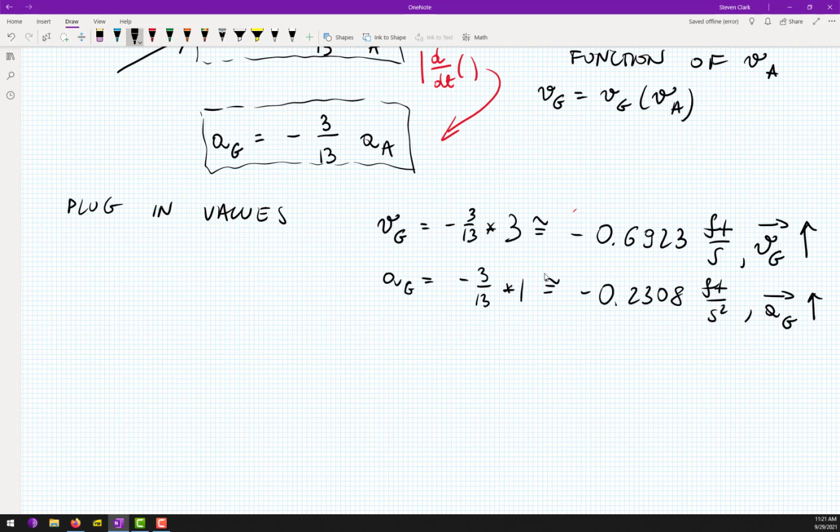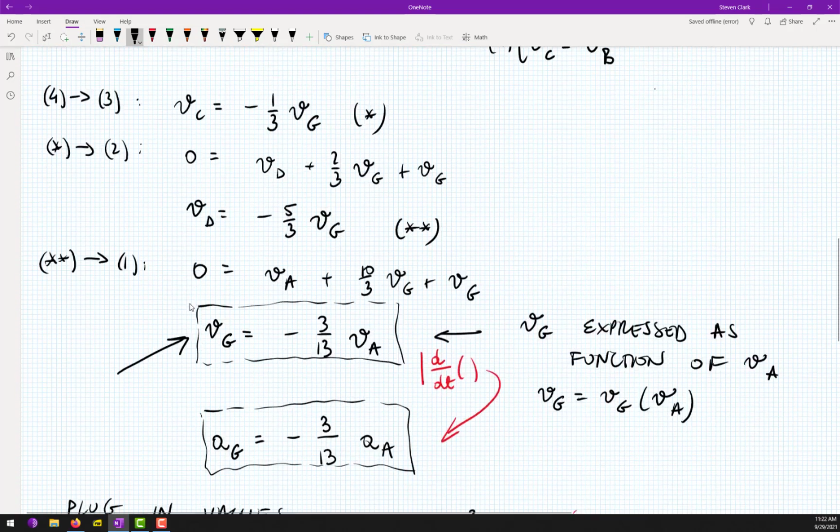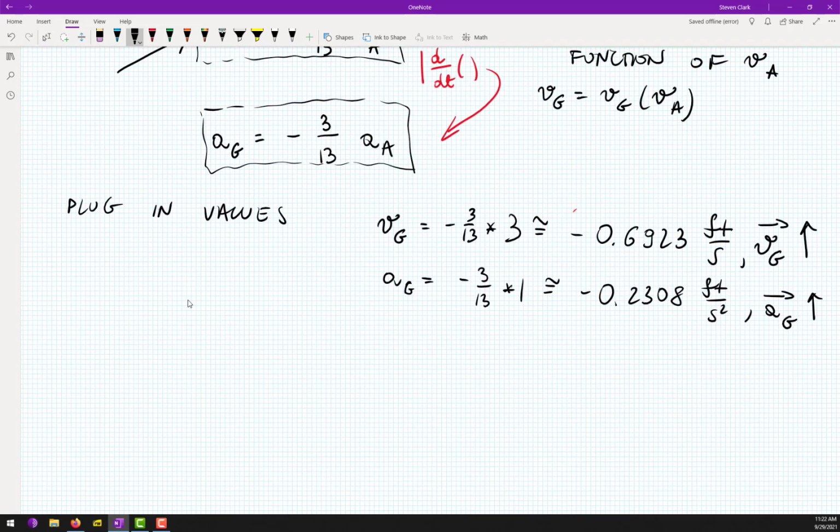Yeah, because of magnitude. You're right. The reason why you have a negative value here is that I didn't solve it in magnitudes.